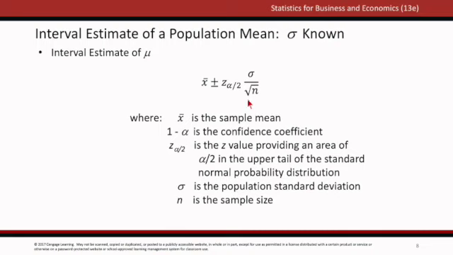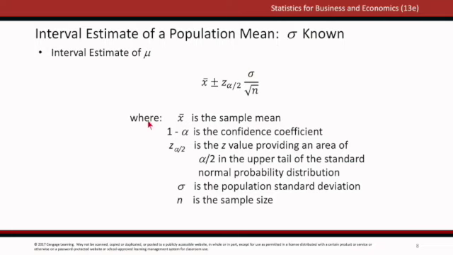In this formula we have the critical values, C alpha over 2, that we described in the previous slide, and then the standard error of the mean. Remember that the standard error of the mean is the population standard deviation divided by the square root of the sample size. Also remember that we are in the case sigma known, so we know this value here.